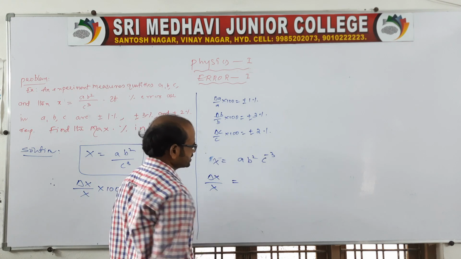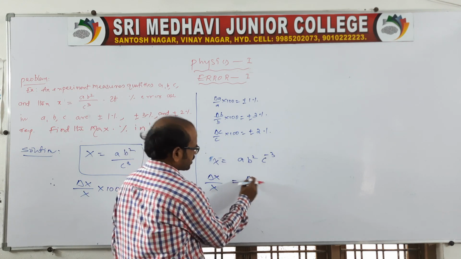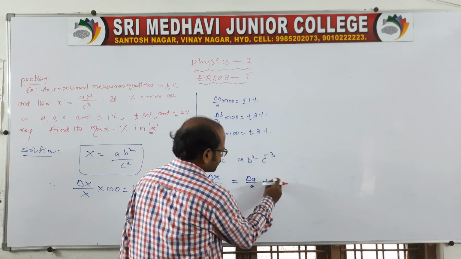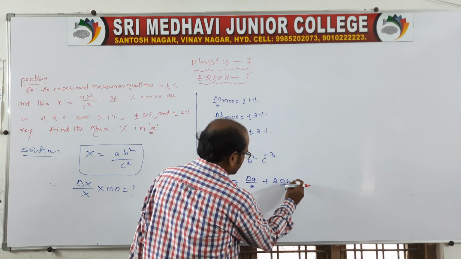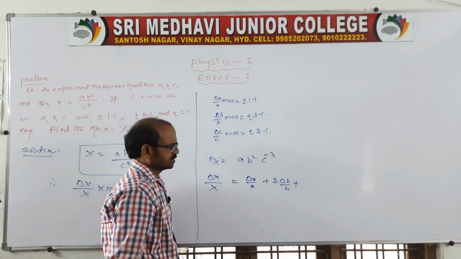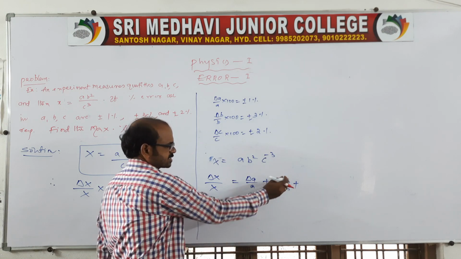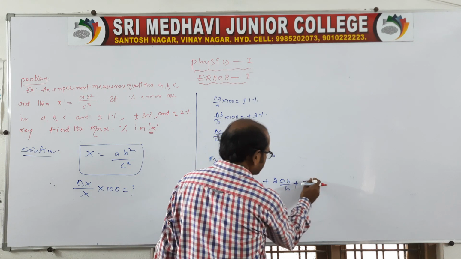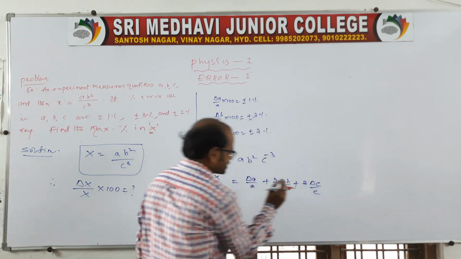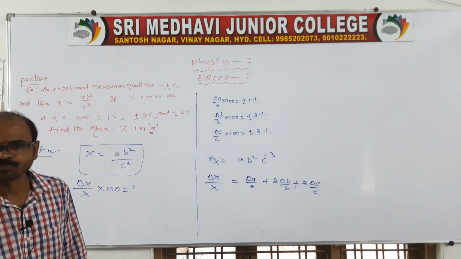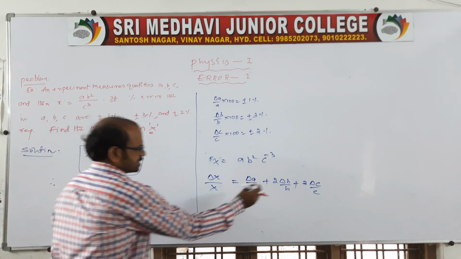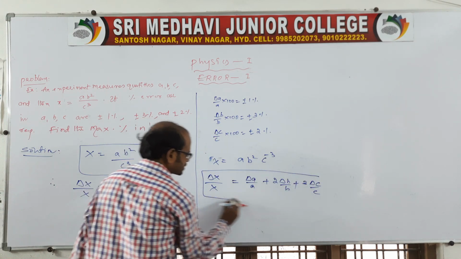Directly we can take delta a by a plus 2 into delta b by b plus 3 delta c by c, because it is minus 3. Since delta in the sense is absolute error, the power comes here like this. So this is actually the maximum possible error.